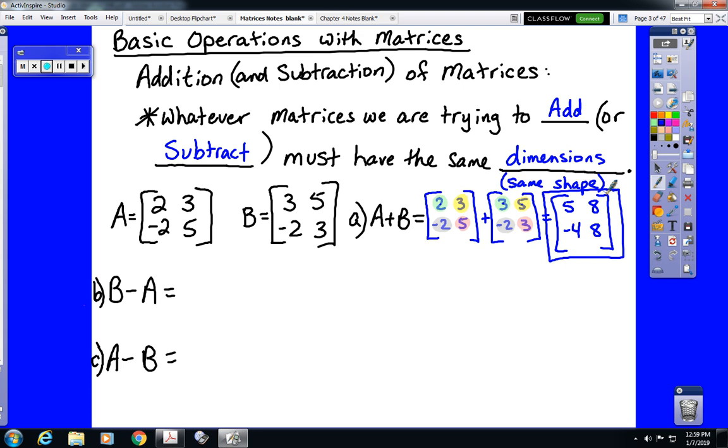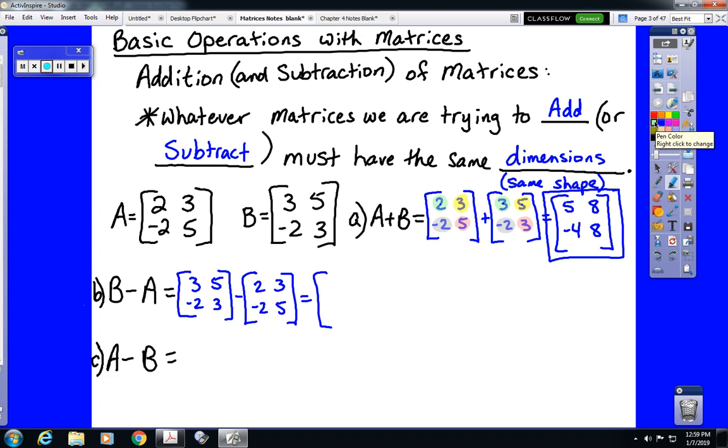Subtraction works exactly the same way. We're going to take those matrices, 3, 5, negative 2, 3, minus 2, 3, negative 2, 5. And we're going to subtract them location by location.